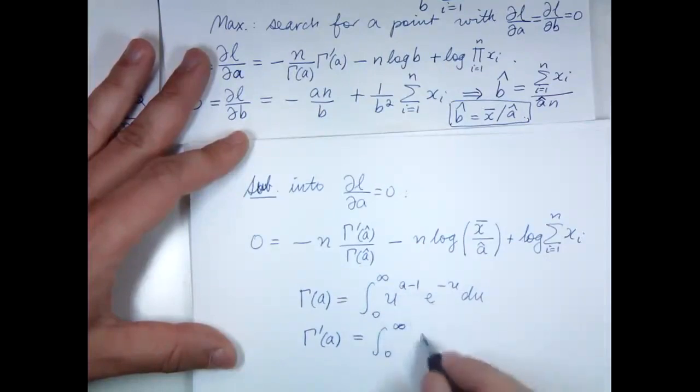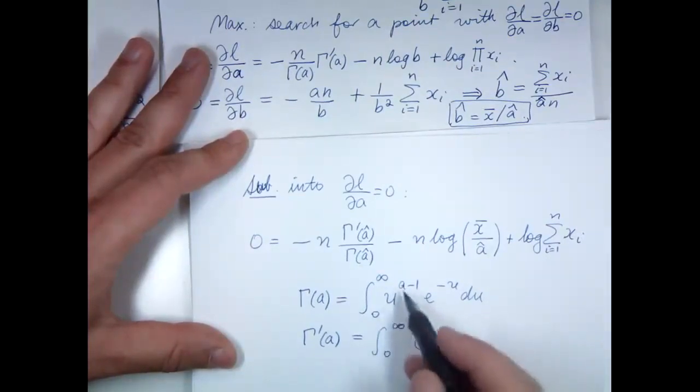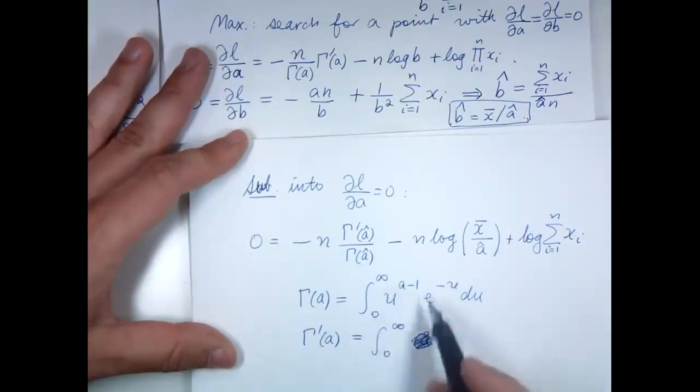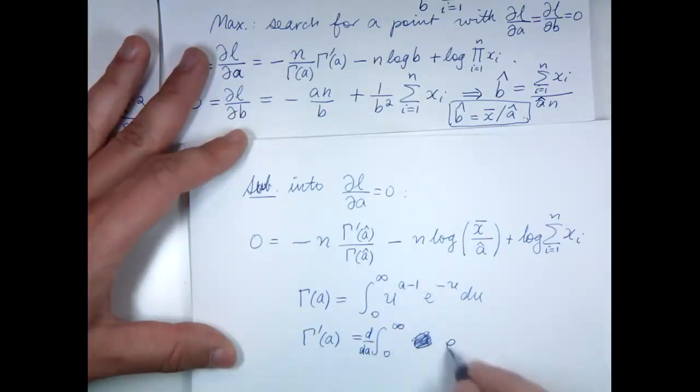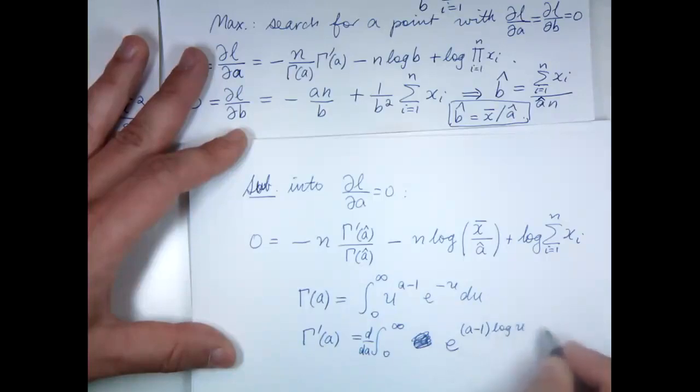So I'll get, I'm differentiating with respect to the exponent, not with respect to the denominator. So that's u to the a minus 1, that's e to the power a minus 1 log u. So let's write it this way, d by da of e to the power a minus 1 log u, and then minus u.